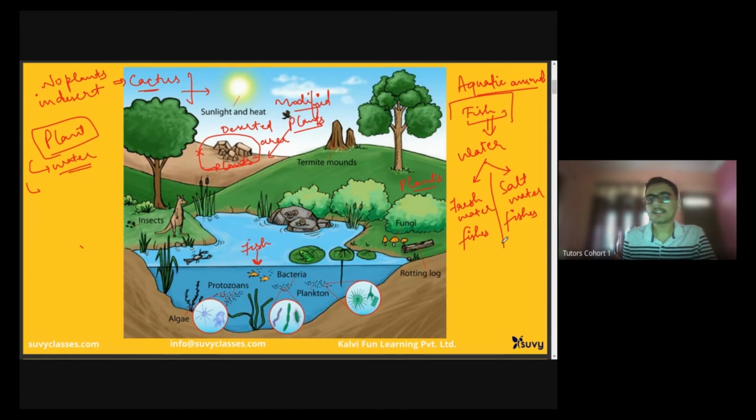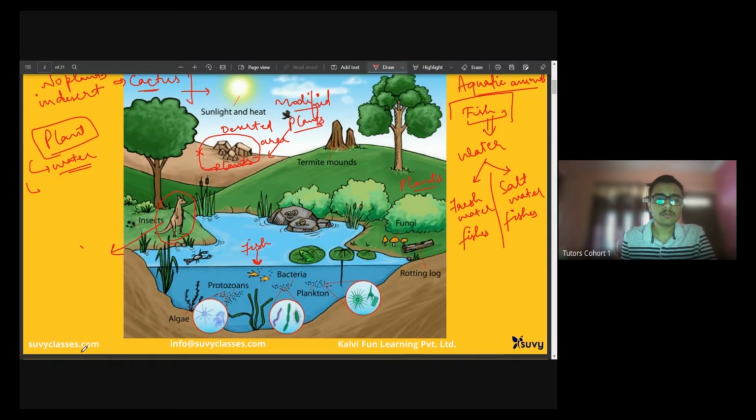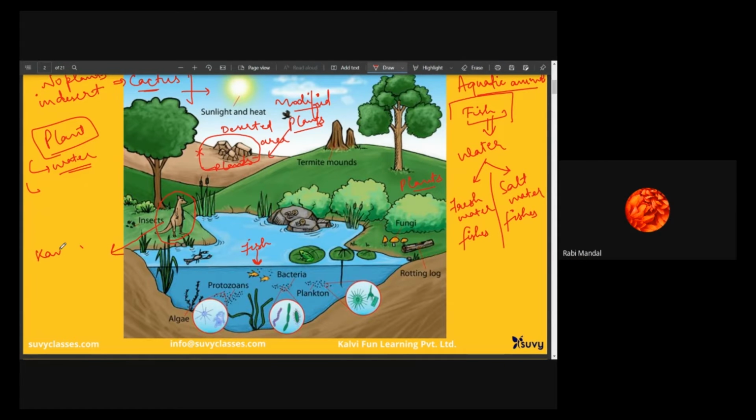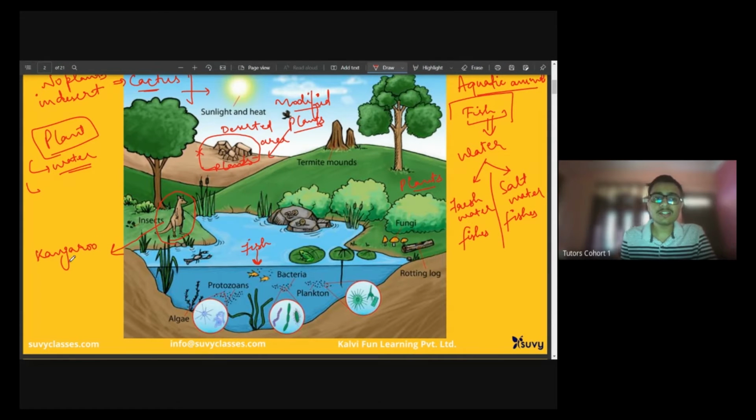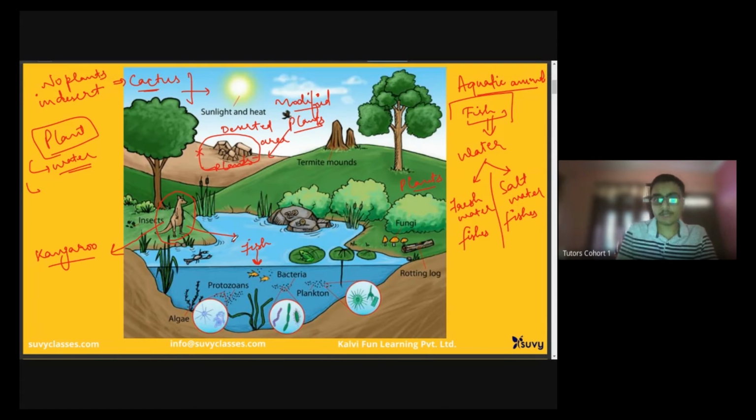Okay, so that's again a thing. Now, if I talk about this particular animal, I guess this is a kangaroo. So this cannot go in water. This can go in water, but cannot live, right? It cannot survive.